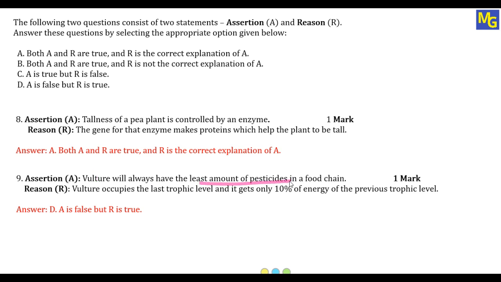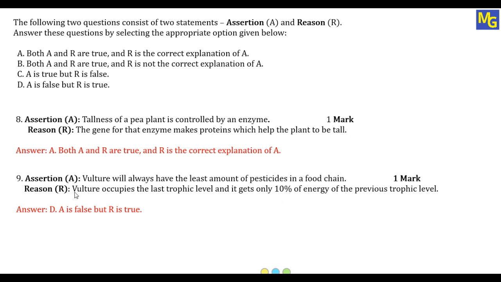Reason: vulture occupies the last tropic level and it gets only 10% of energy from the previous tropic level. According to energy flow in the tropic levels, it is correct that it gets only 10%, because whenever energy is transferred from one level to another, only 10% will be transferred and all remaining energy will be lost into the environment. So this reason is correct.